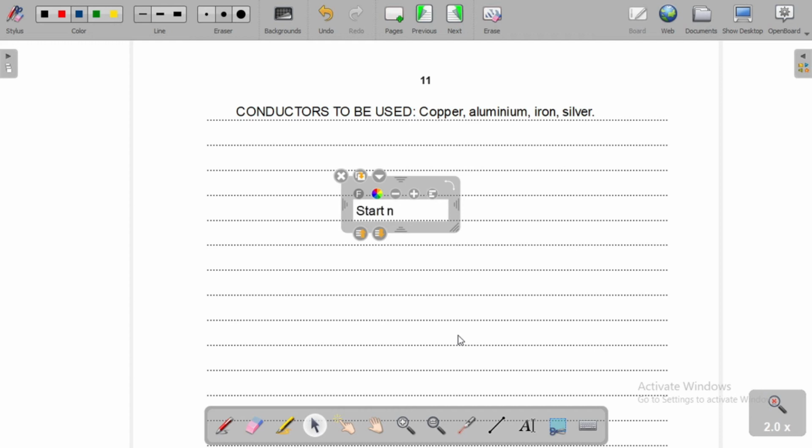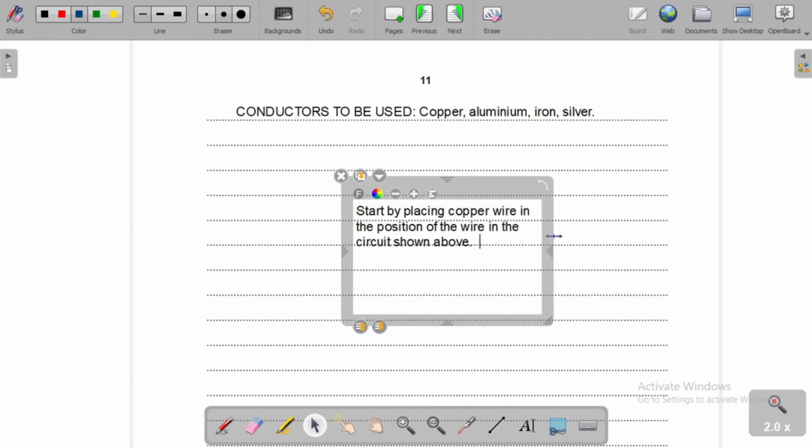Let me say, start by placing copper wire in the position of the wire in the circuit shown above.